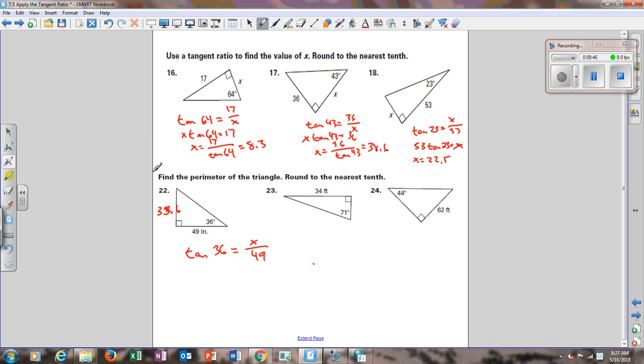Then to find this hypotenuse, you just do the Pythagorean theorem. So 35.6 squared plus 49 squared equals your hypotenuse squared. 35.6 squared plus 49 squared gives you 3,668.36.